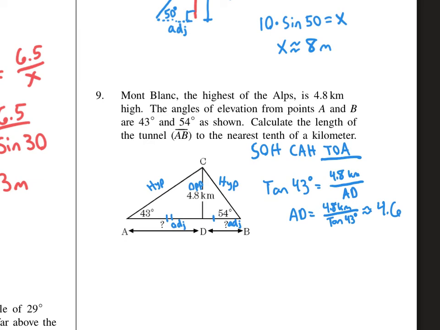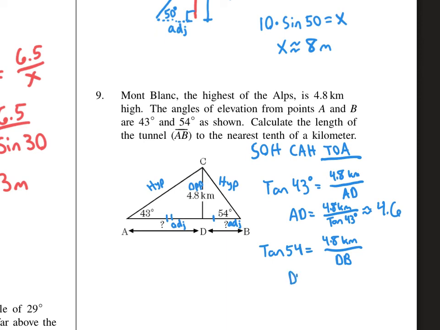So I'm going to write another trig function, tangent 54 equals 4.8, the same opposite side, over dB. So we're going to swap the dB and the tangent 54 again.